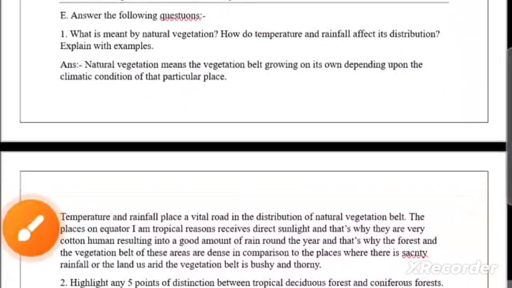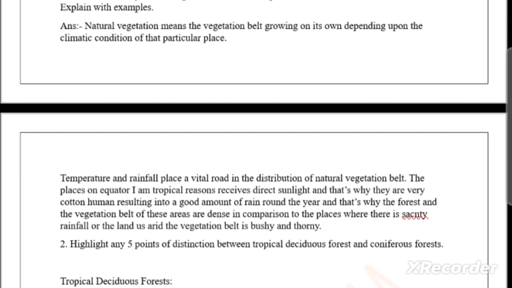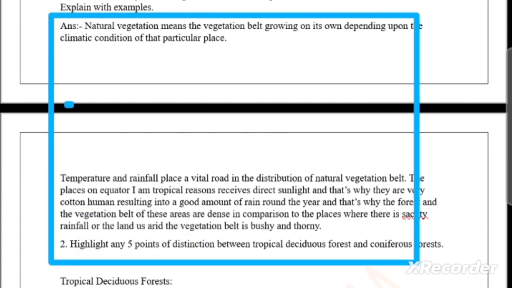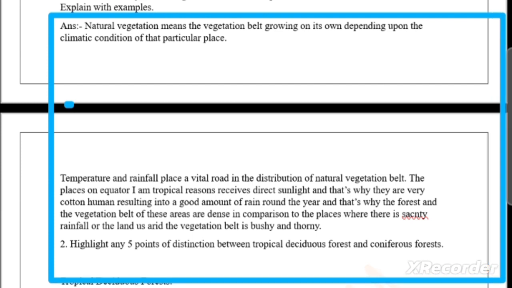So the answer is, see the answer. Natural vegetation means the vegetation belt growing on its own depending upon the climatic conditions of that particular place. Temperature and rainfall of that place play a vital role in the distribution of the natural vegetation belt. It is role, not road, so kindly correct it.